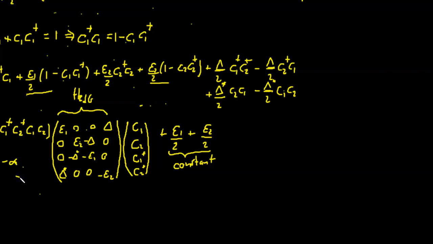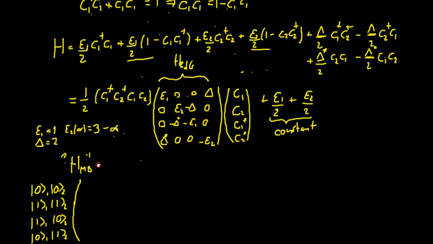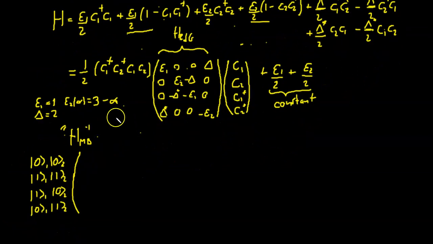Let's do it like that. So I had 0 here, I have E1 plus E2. Let's do the case for alpha equals 0 first.